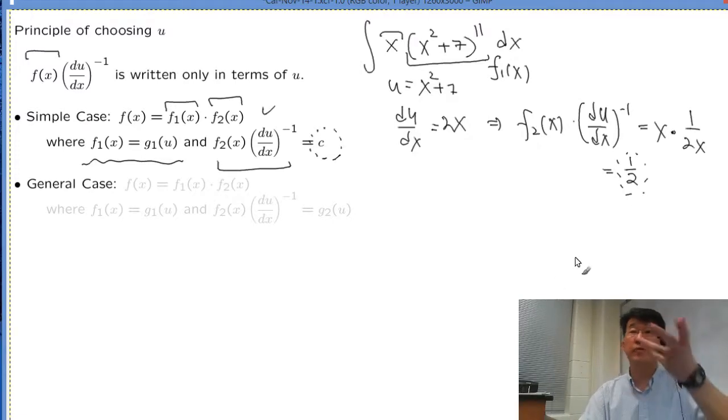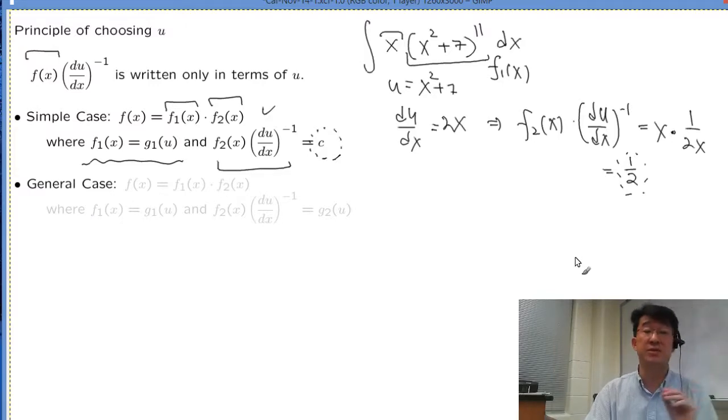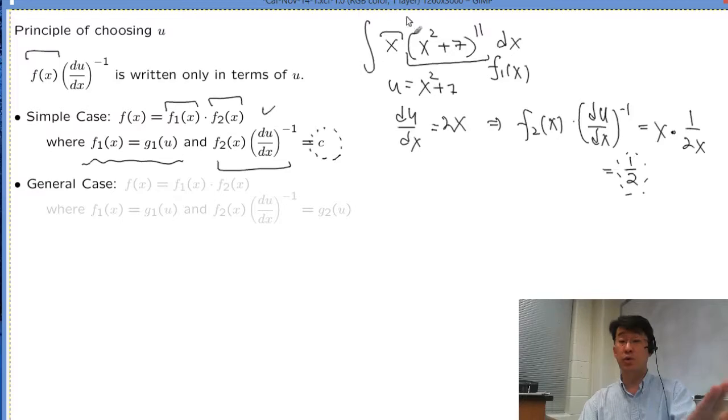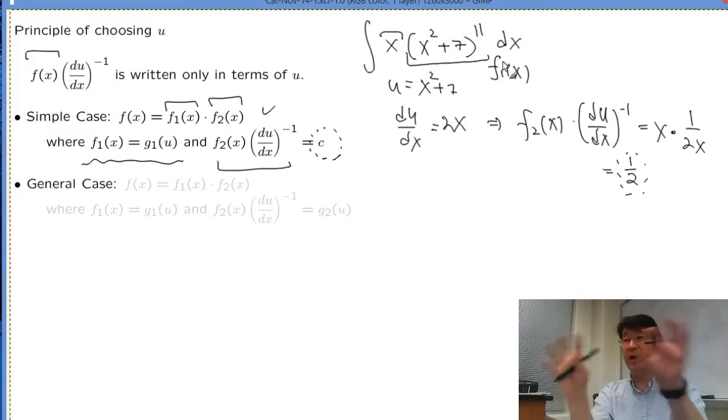No, you have to multiply by the reciprocal, not du dx. du dx is 2x, right? But you don't multiply by du dx, your reciprocal is 1 over 2x. So it's going to cancel, not become x squared. f1 and f2? Yeah, look at the whole thing, and you have to group it in your mind.